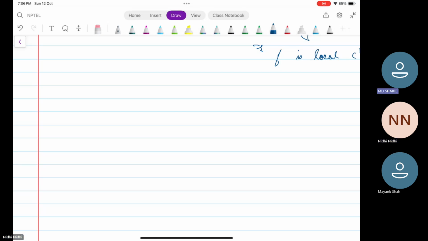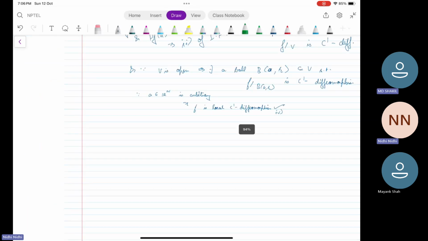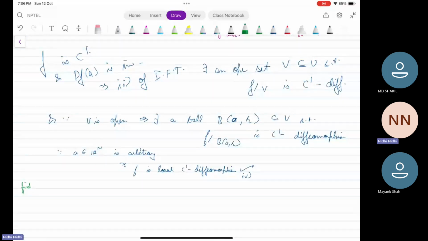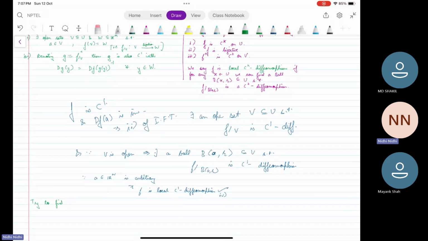How is the restriction of f on the ball also C1? Because the restriction of f over V was a diffeomorphism. V is an open set, so we can find a ball inside V, and since everything is happening in V, it will be happening inside the subset also.